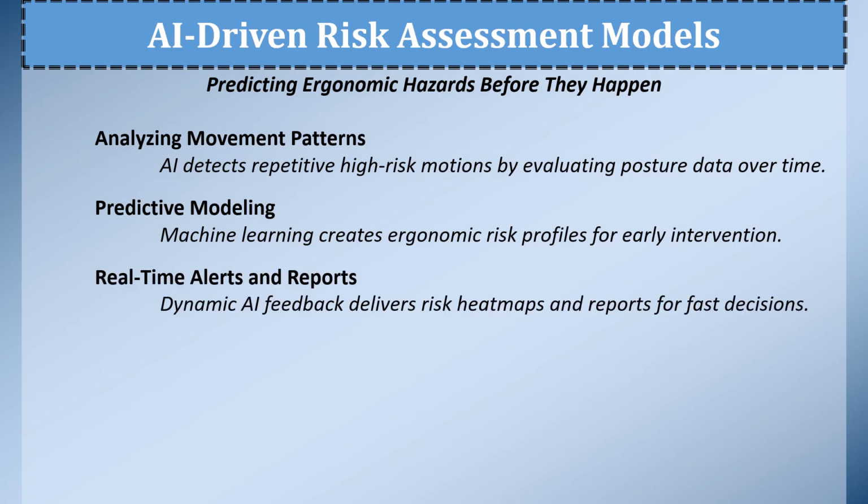Real-time alerts and reports. AI systems generate dynamic feedback and summaries tailored to users and safety managers. Risk scores, posture heat maps, and alert logs provide actionable insights. These reports support faster decision making and targeted ergonomic improvement across departments.